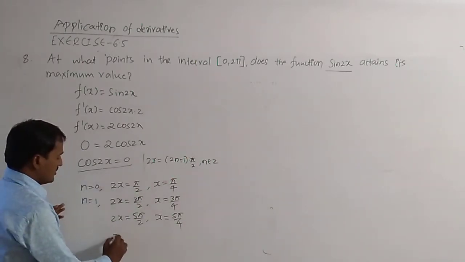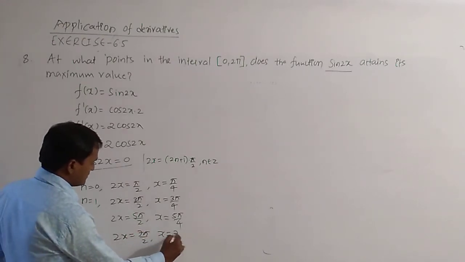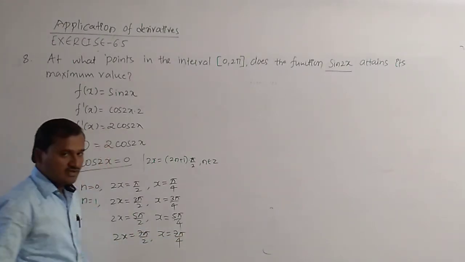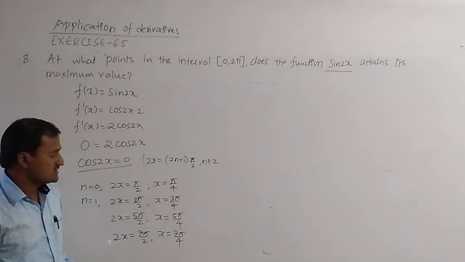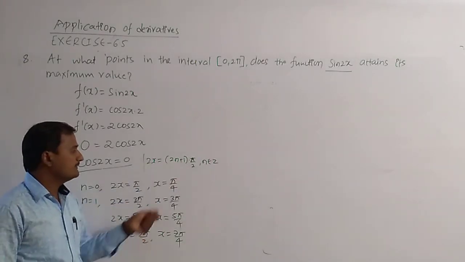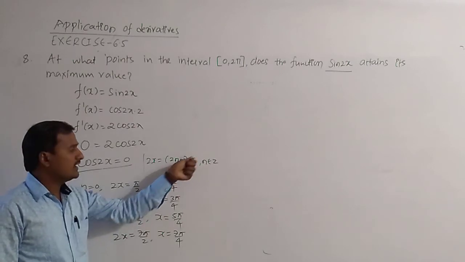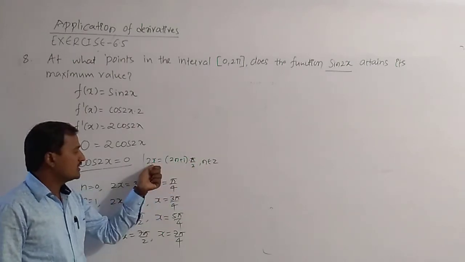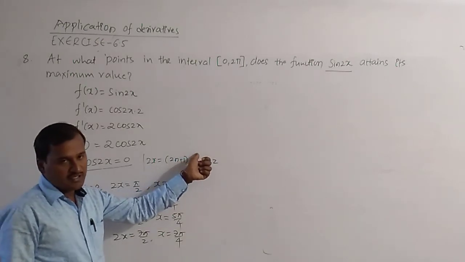So 2x equals 7 pi by 2, which means x equals 7 pi by 4. Similarly, we are getting the critical points like this. If you substitute n equal to 4, you get 8 plus 1, 9 pi by 2, right? Take this to this side, then x equals clearly 9 pi by 4.